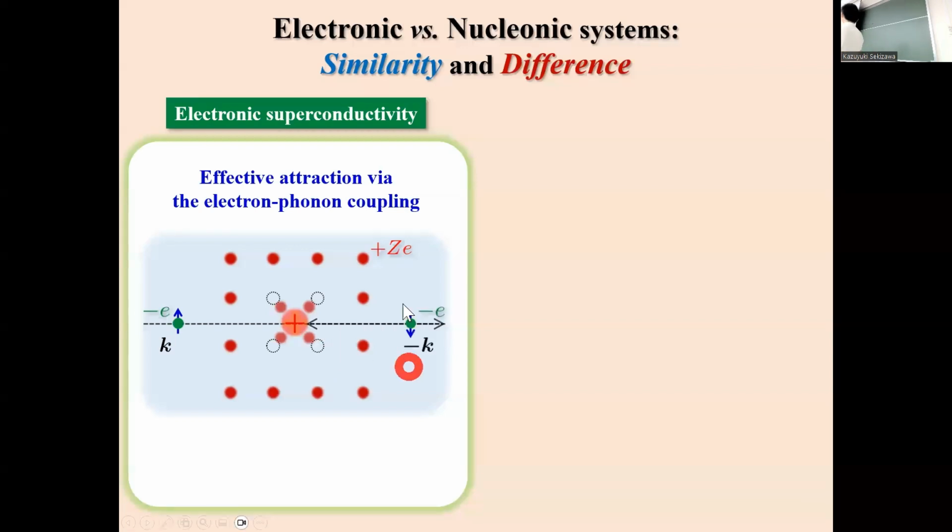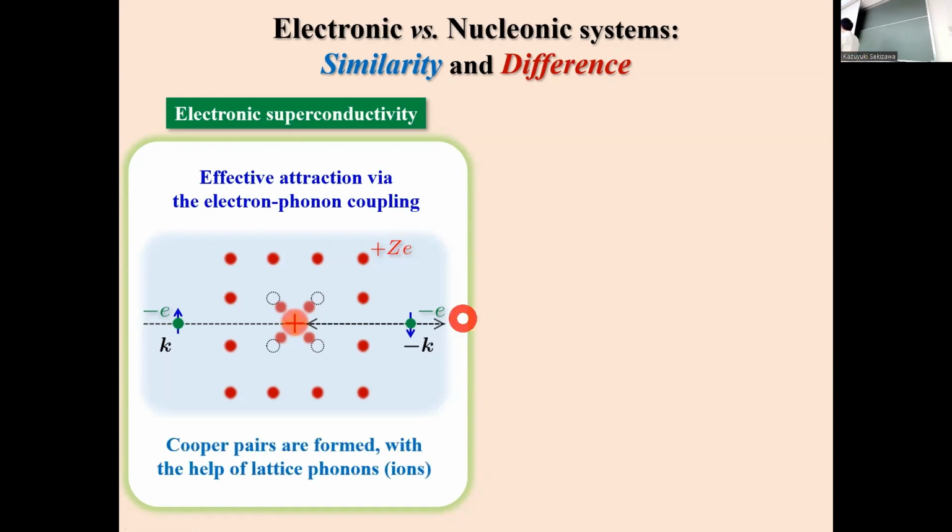So then another electron with minus k finds this positively charged region, and they attract each other. This kind of effective attraction between electrons is the key to explaining electronic superconductivity.